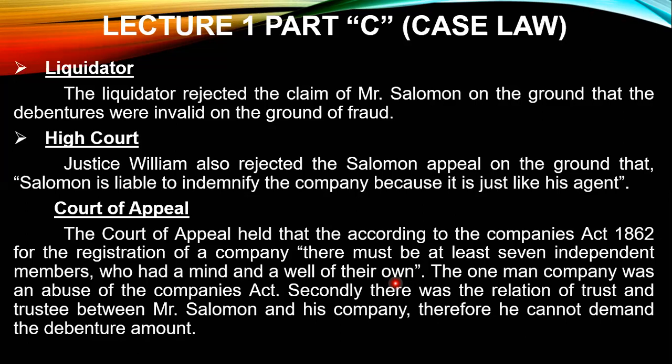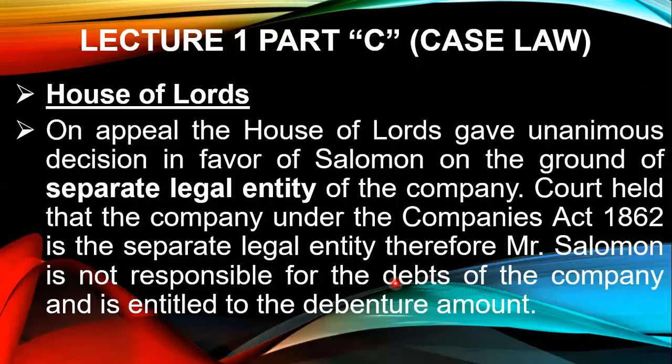Secondly, the second argument that the court has given is that the relation between Mr. Solomon and the company was just like that of a trust and trustee. So therefore, Mr. Solomon cannot demand the debenture, and the amount should be given to the other creditors rather than to Mr. Solomon.